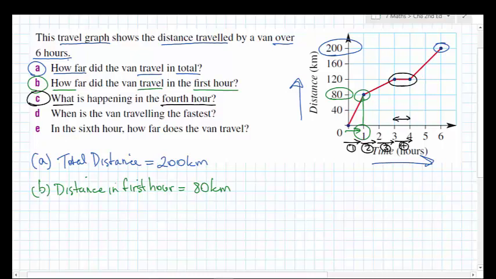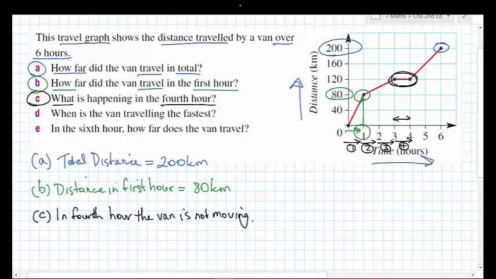So in the fourth hour, the van is not moving. Probably the driver's having a rest or something.